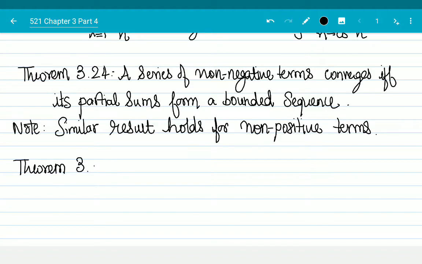Theorem 3.25, often called the comparison test.